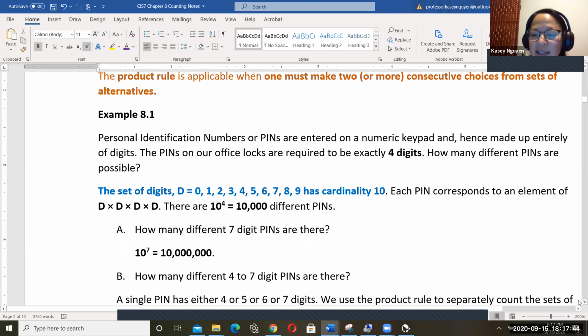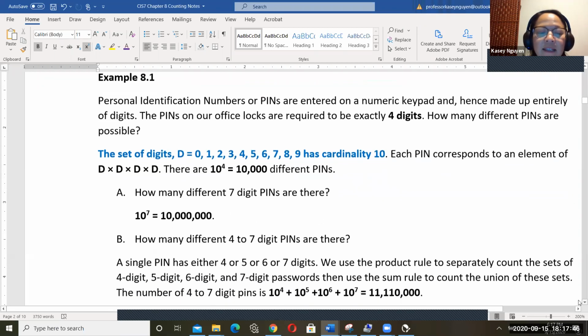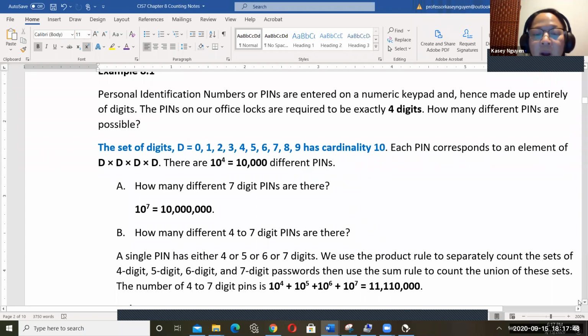Then the next case asks us how many different 4 to 7-digit PINs there are. If we're looking at only a subset from that original set, where we have to select 4, 5, 6, or 7 digits, then we use the product rule, and we have to count the sets separately. There's the 4-digit, which is 10 to the 4th.